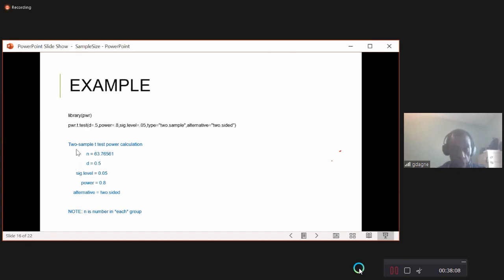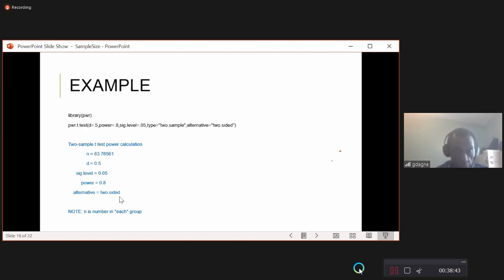It gives me a two-sample t-test power calculation, and the sample size here is 63.7. The significance level is provided, power is given. The only thing, as you can see up there, is I didn't specify n. Whatever is missing, it will calculate for you. So it calculated the sample size because I already provided the power and effect size.